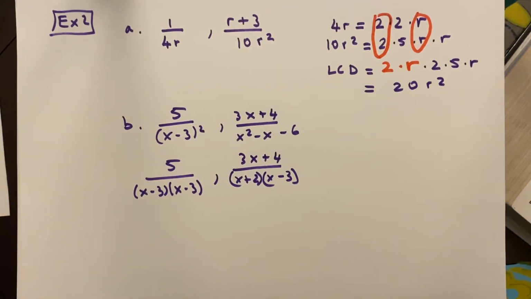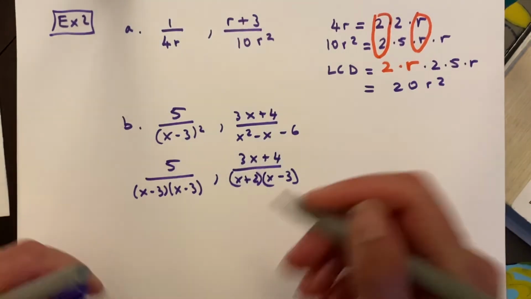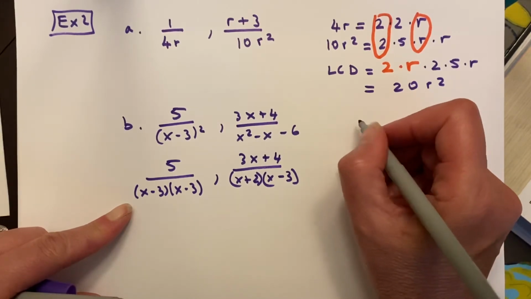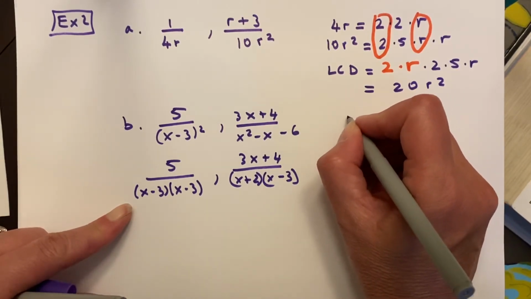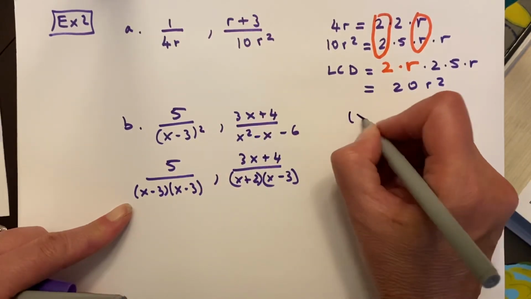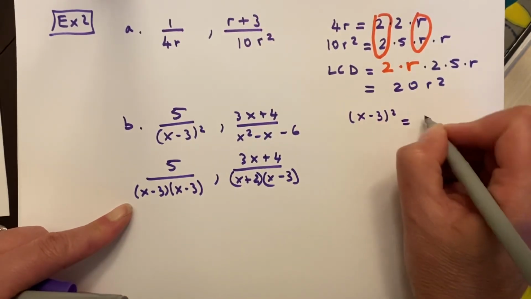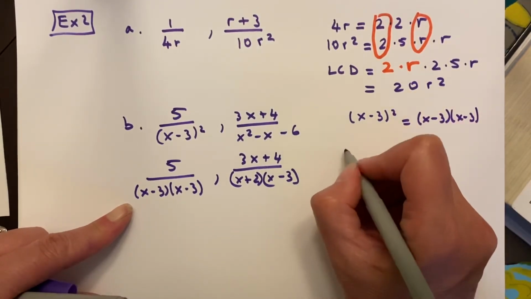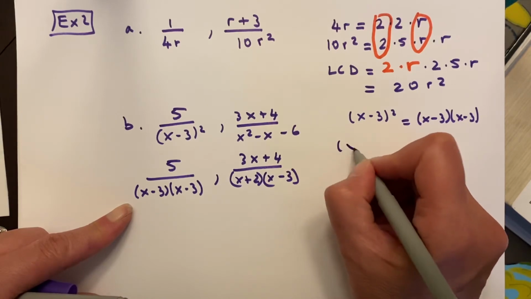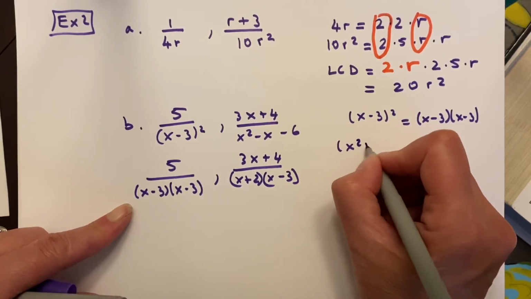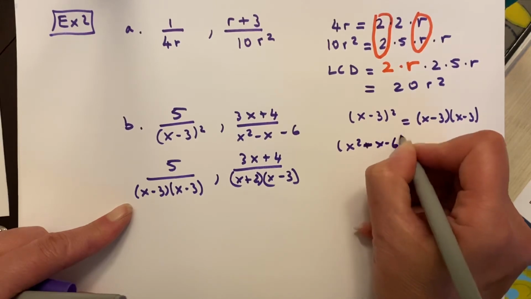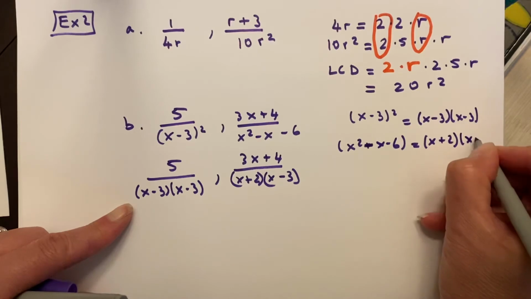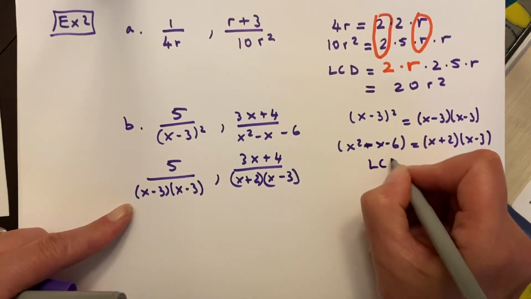Okay, so now I can write over here what each of my factors are. The factors for the first denominator, x minus 3 squared, are x minus 3 and x minus 3. And for the second denominator, which was x squared minus x minus 6, it's x plus 2 and x minus 3. So what's my LCD?